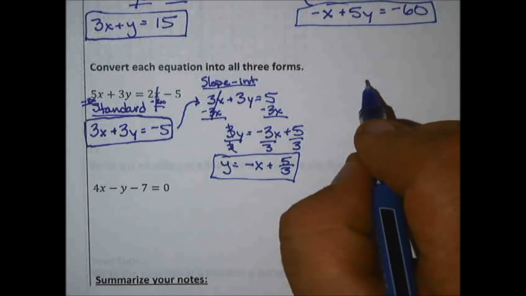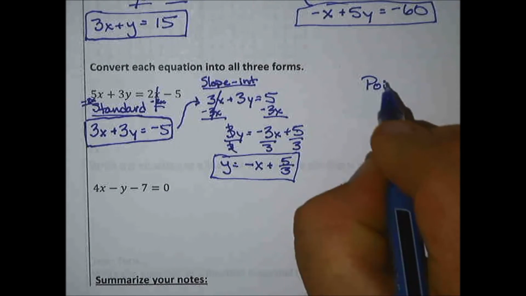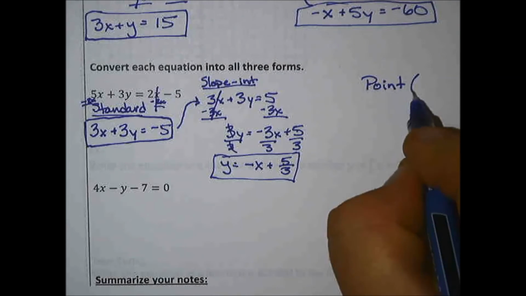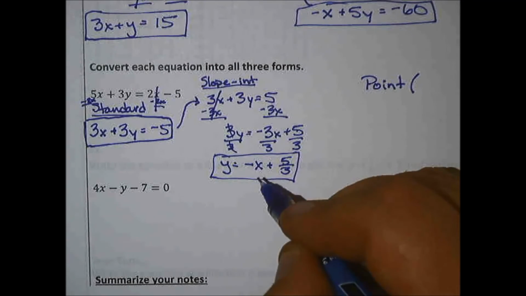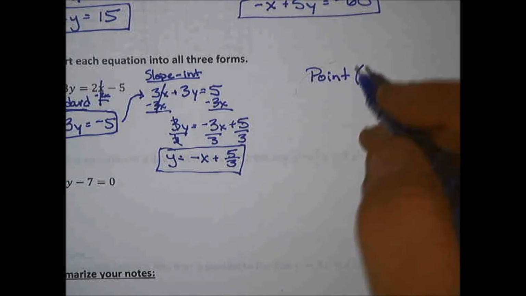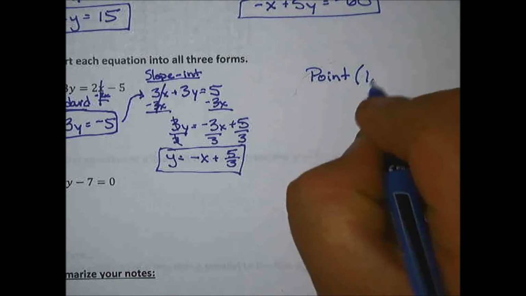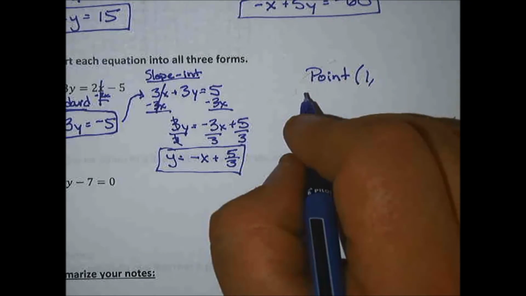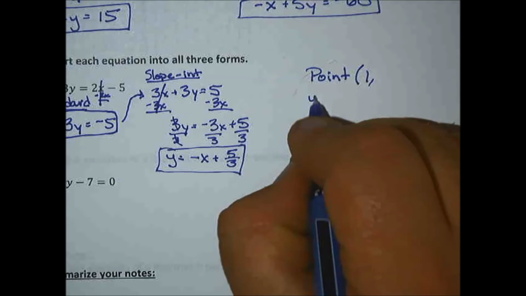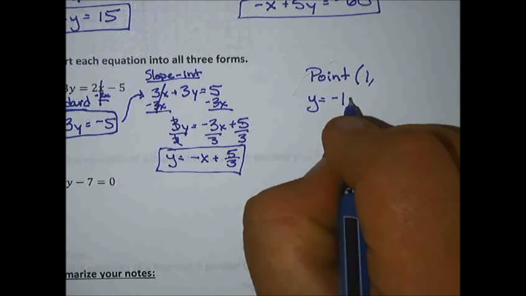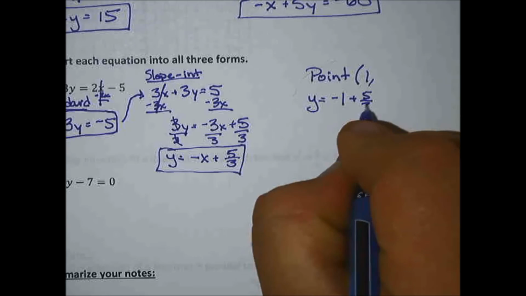I want the x-coordinate. I can plug in any number into that and get an answer. So I'm going to use the x-coordinate of 1, because 1's usually easy to work with. And so we get y equals negative 1 plus 5/3.